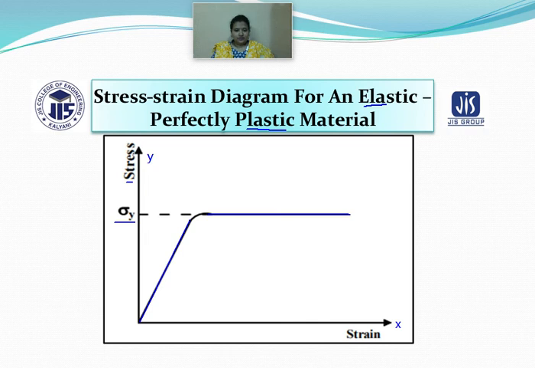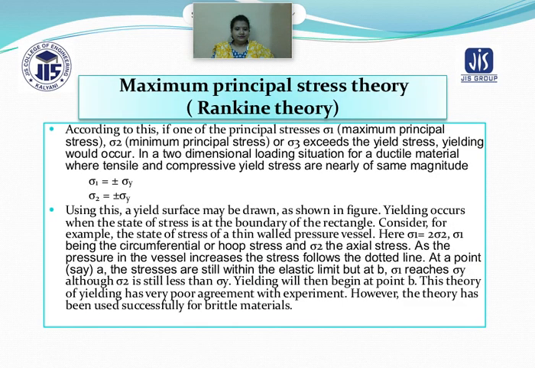Now, let us move to the next slide. Finally, we have come across the various stress strain diagrams for all the types of material: ductile material, low carbon steel, brittle material, as well as elastic and perfectly plastic material.